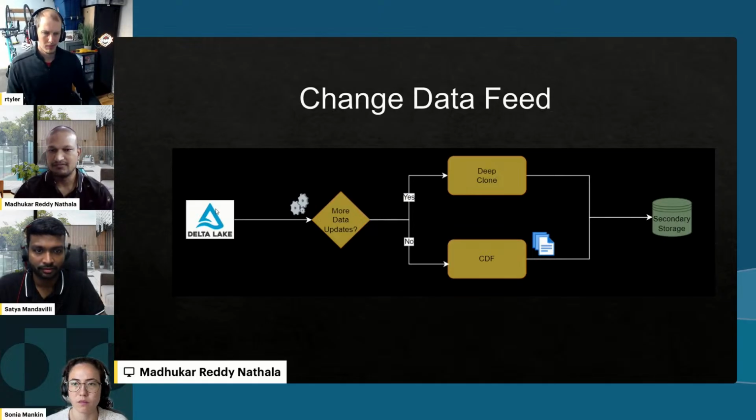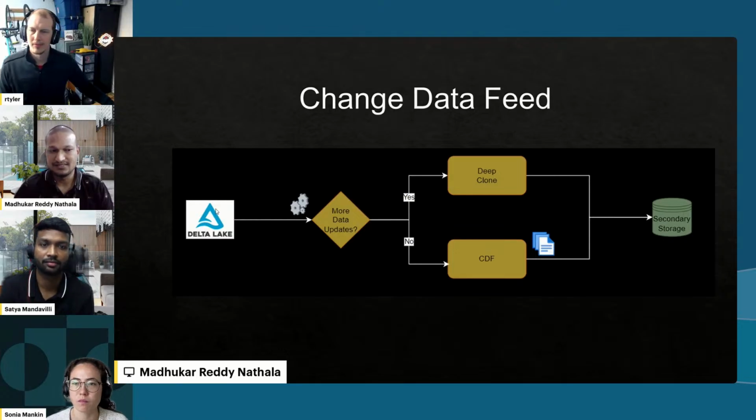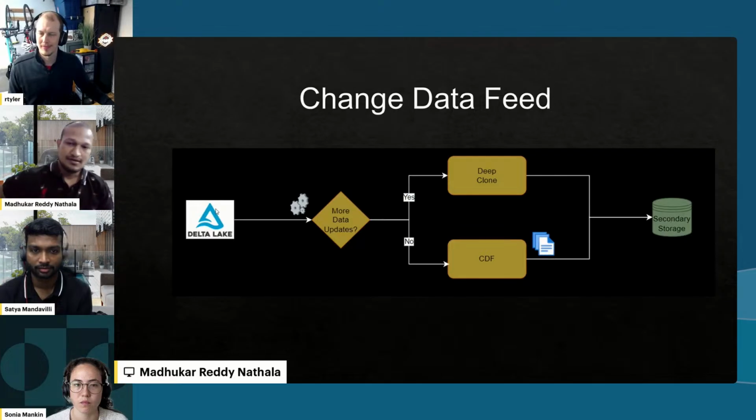With that, when we tried to migrate this application or use case to the solution we are talking about, we saw that Delta RS didn't have native support for this.